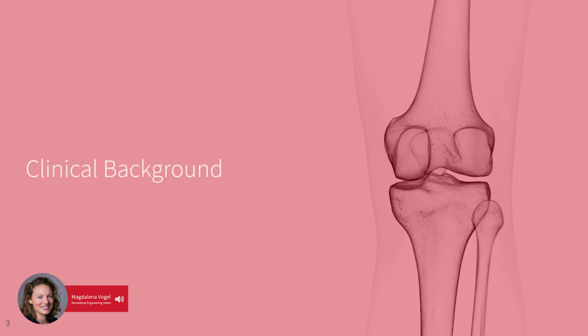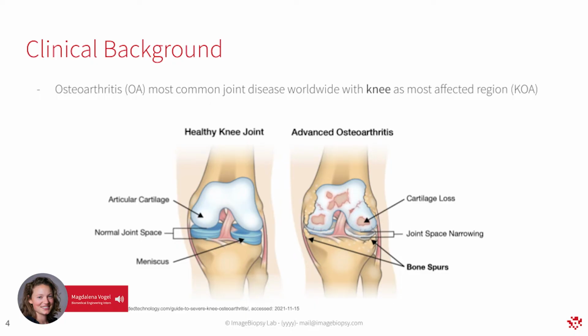So in 2020, 23% of the population aged over 40 years was affected by osteoarthritis. So it's a really common joint disease, the most common joint disease in the world. And especially the knee area is the most affected one. The people who suffer from osteoarthritis have a lot of pain and movement restrictions.